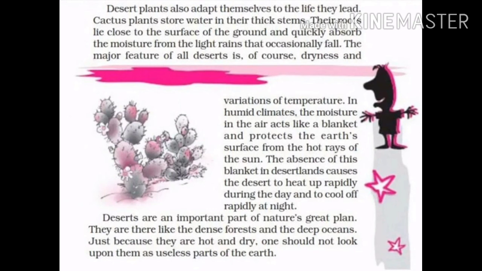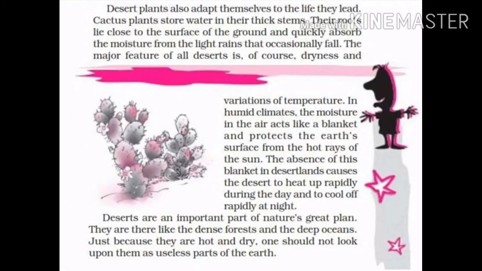However, this humidity, this moisture, is not present in the desert regions. That's why the hot rays reach the ground so easily and it is so dry and hot in the deserts. The absence of this blanket in desert lands causes the desert to heat up quickly during the day. And at the same time, at night, it cools off too quickly.